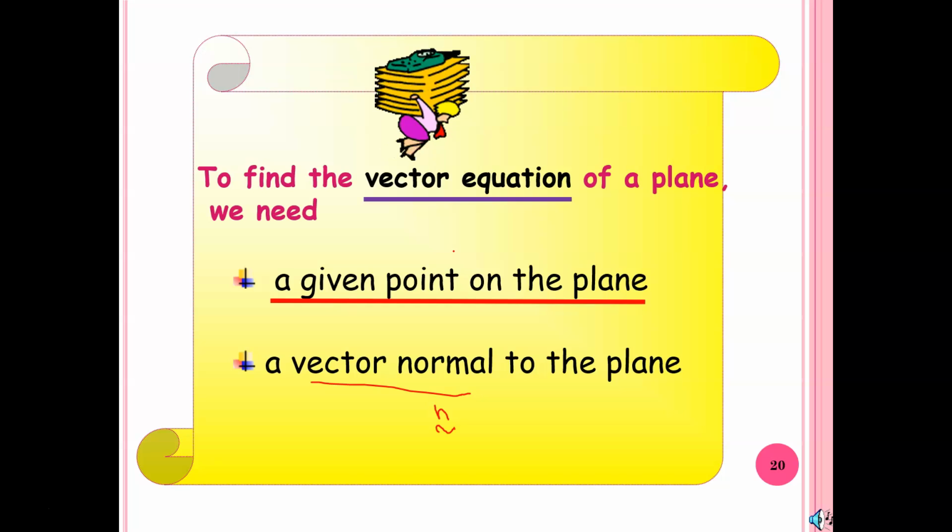So ini yang perlu. You need at least satu point, or any point lah, A ke P ke M ke, and you have a vector normal, which is N tadi.